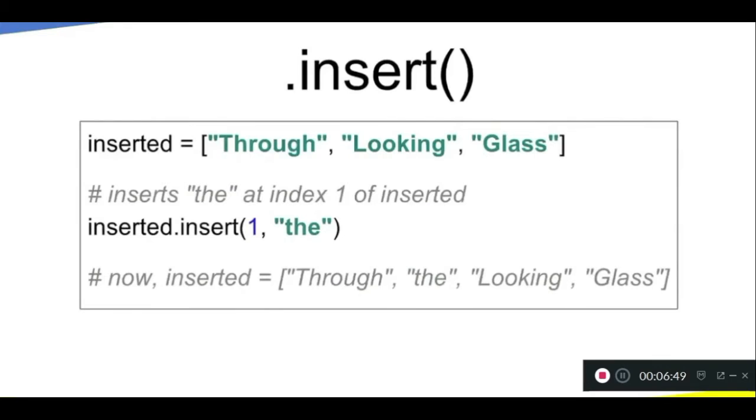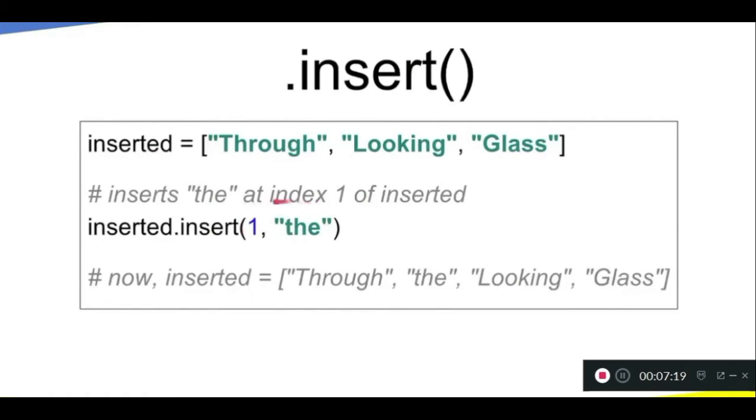Now coming to insert, we have a list called inserted, which is equal to through looking glass, and inserted.insert would let us insert a value at a position. It would insert the value at that position and the remaining values will be shifted one position further. So here, as you can see, we request it to insert an element at the first position.